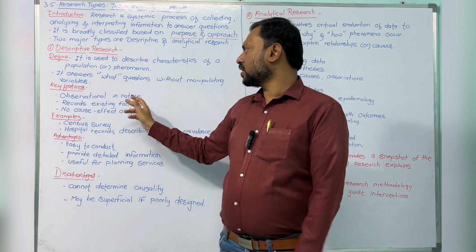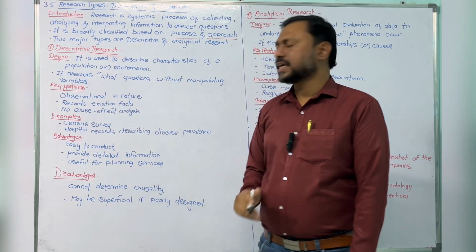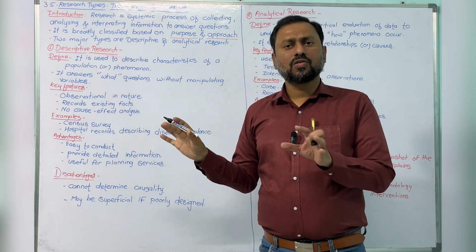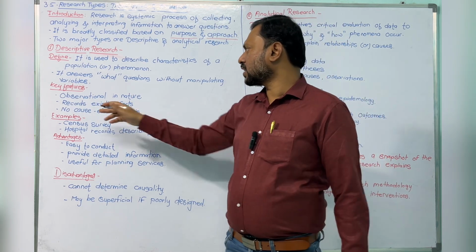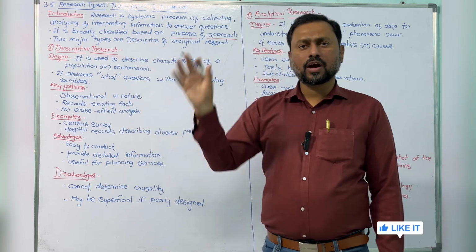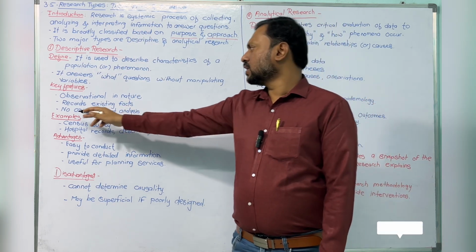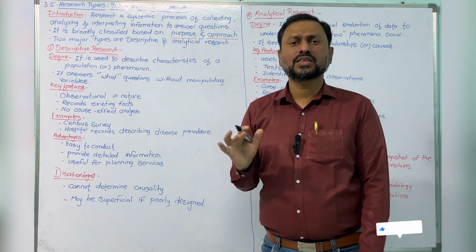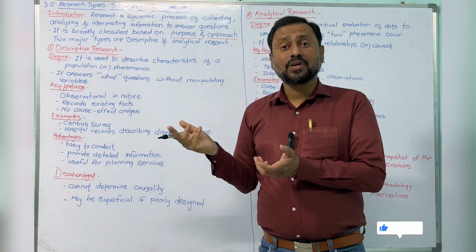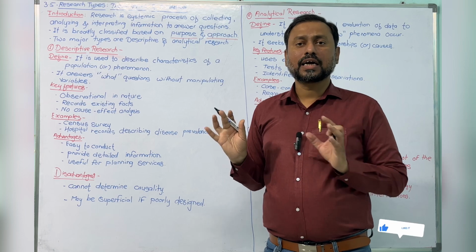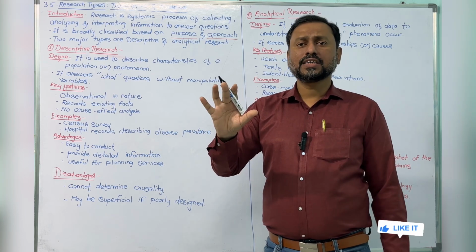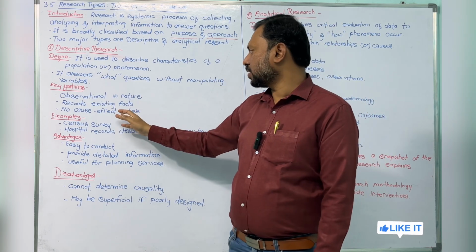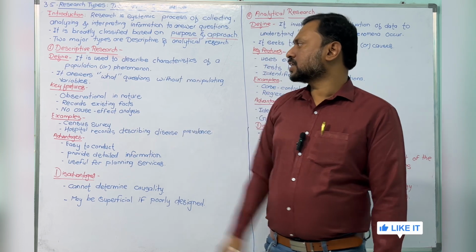This is the observational record. Next is recording existing facts. Whatever is going on, the existing facts only we are observing and recording. No cause or effect analysis. It means why it is happening, we are not collecting information at all. What is happening, that only we are collecting in descriptive research.